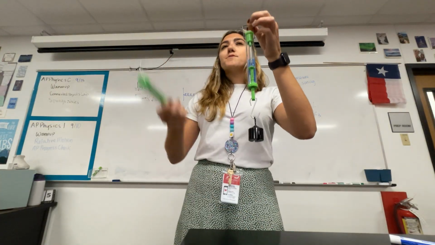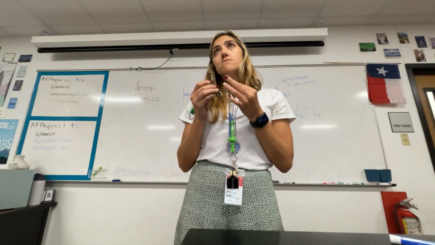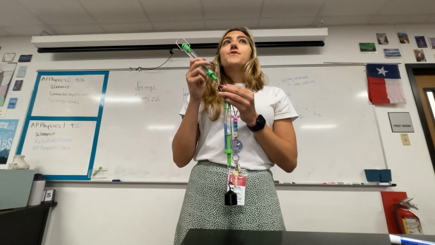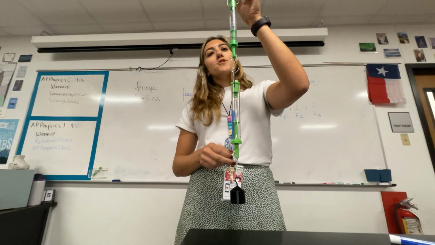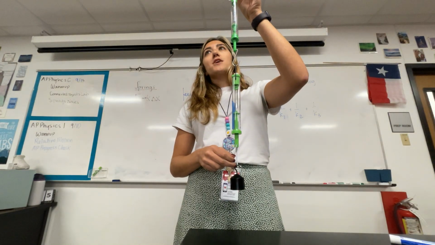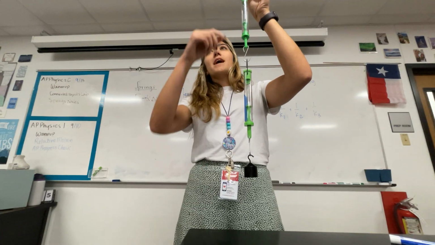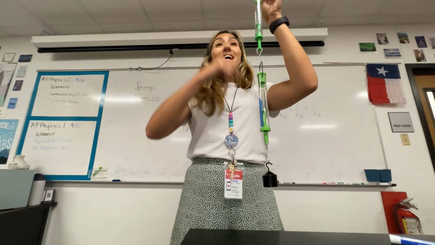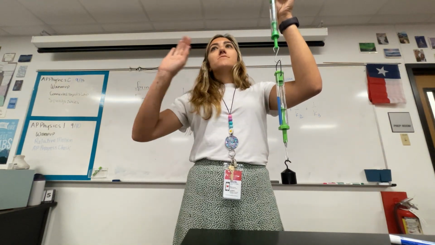So on my spring here, it comes down to 2 newtons because I'm measuring it with one spring. Now, if I add a spring, this isn't going to work perfectly because these springs have mass. So I'm going to demonstrate. But what happens is the stretch on both springs actually increases. The reason for that is because the equivalent k constant for both of these springs added together is less than the spring constant when they were one.